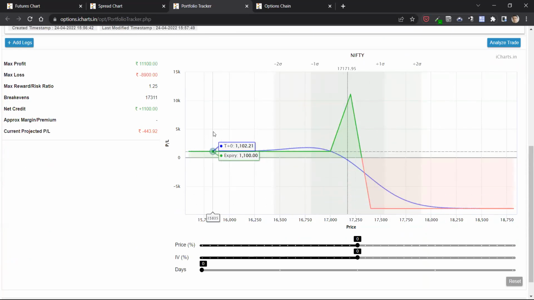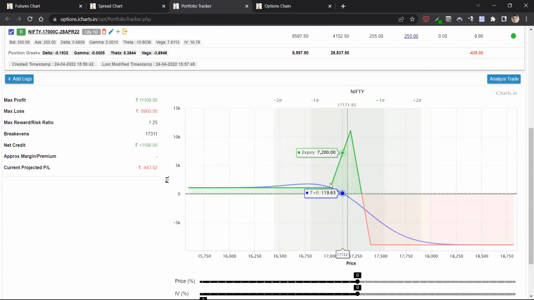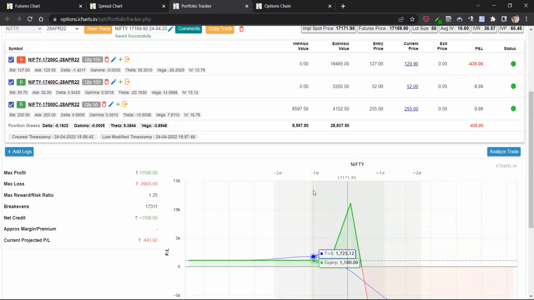And upside, I'll adjust it further, as if price goes here, I can adjust this further and increase the profit over here. I can manage it that way. I don't need to worry about the downside much over here.